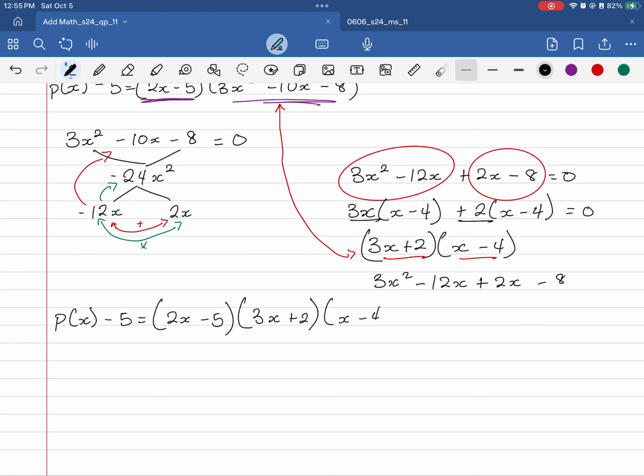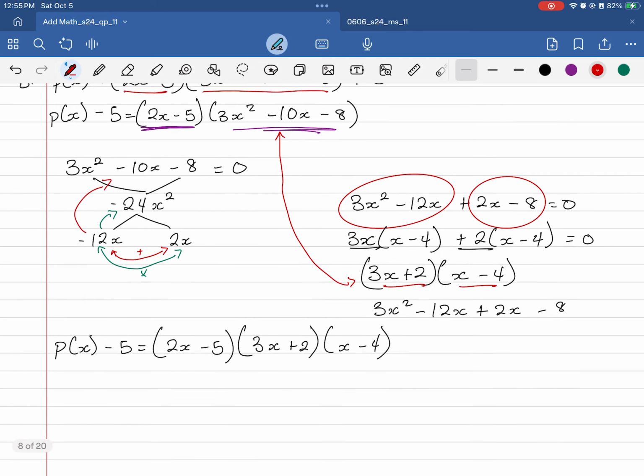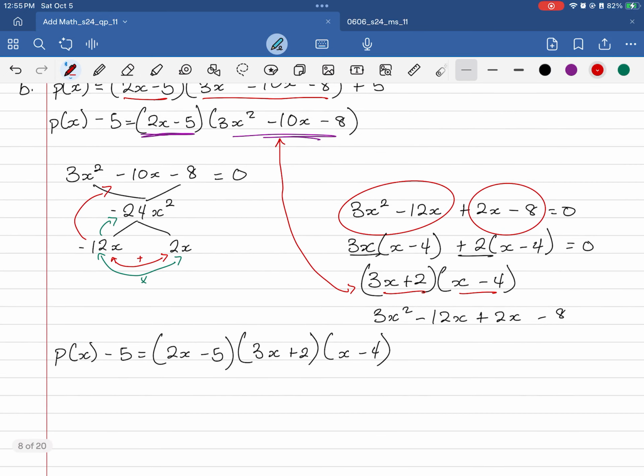Now the reason why we rewrote this is because they asked for linear factors. Now what is linear? Linear is a line. Now if you draw this graph, this 3x squared minus 10x minus 8, this graph is not linear. This graph probably looks something like this.